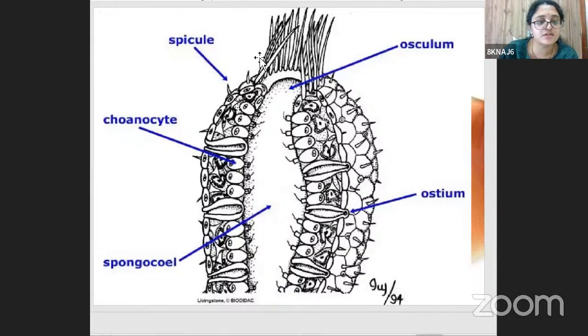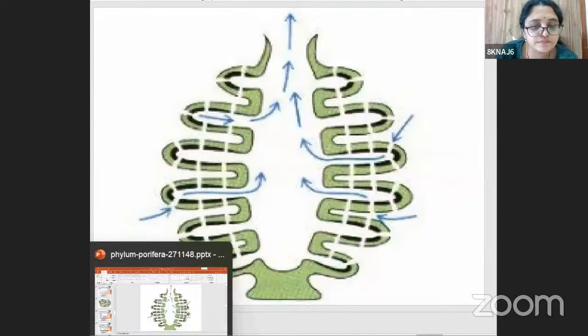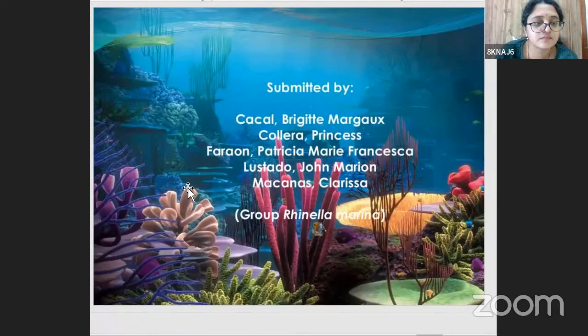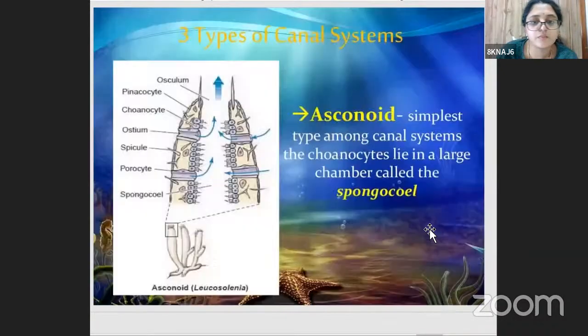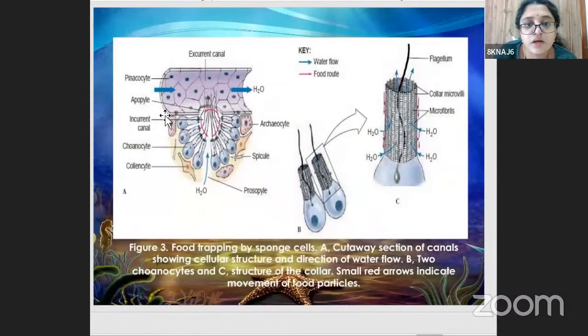Basically, the radial canal systems will be something like this. So this is the radial canal system. Inside the body itself, transversely the water can go in. And then you have apopyles.